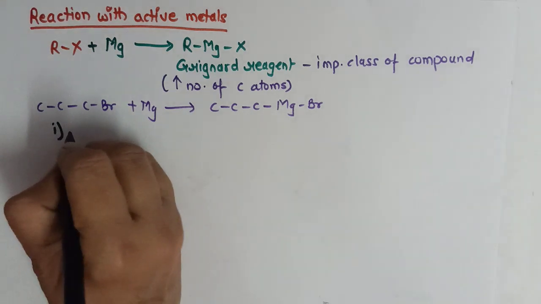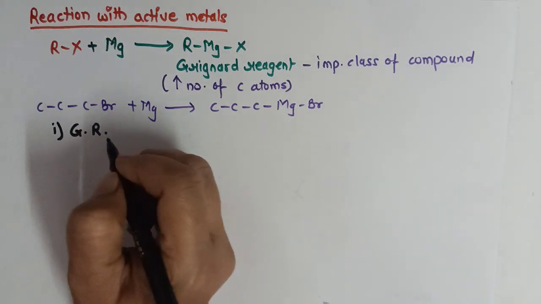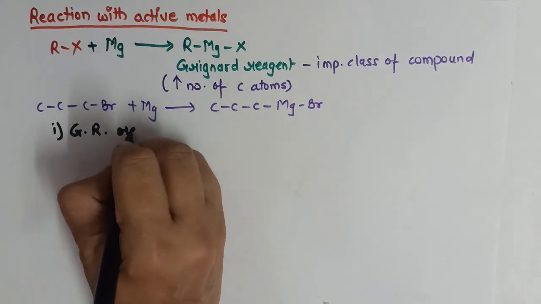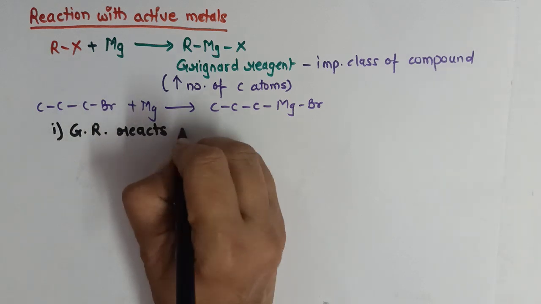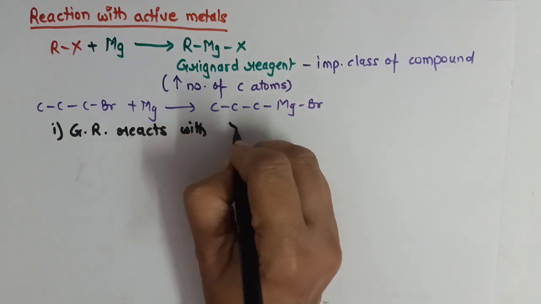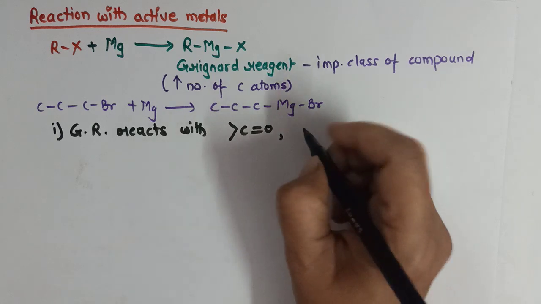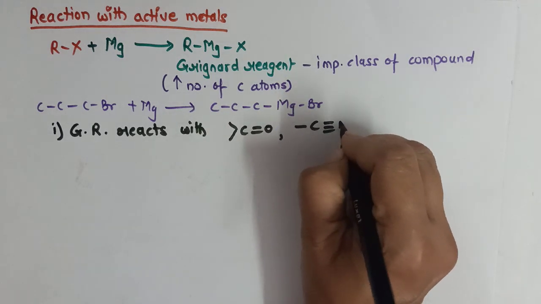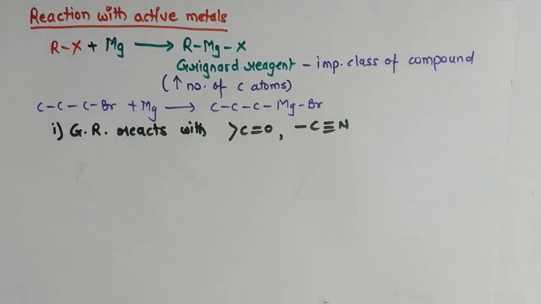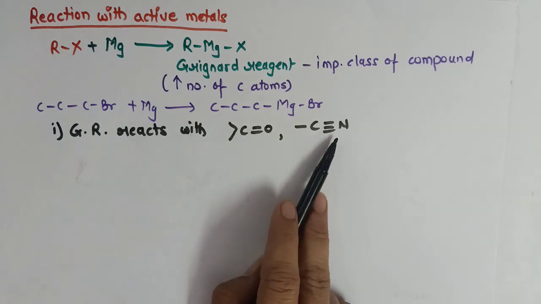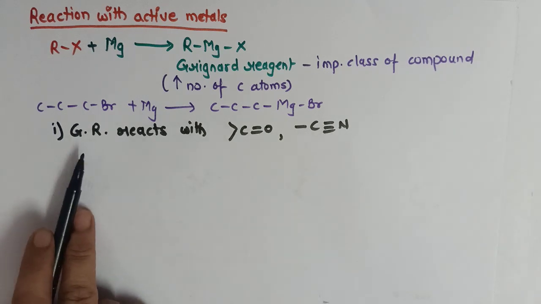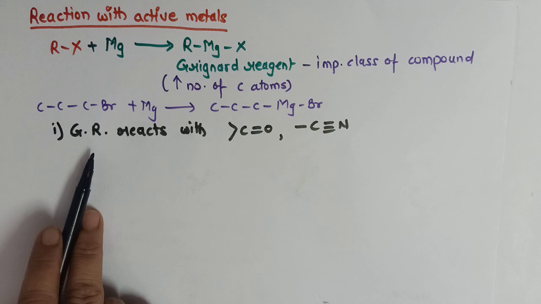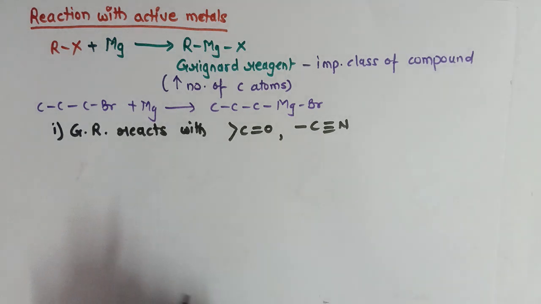The first one, Grignard reagent reacts basically with carbonyl compounds and cyanides. These are the two classes of compounds which show very good reaction with Grignard reagent. How, that we will be studying later on in our next videos. Just now I am giving you the introduction on this one.